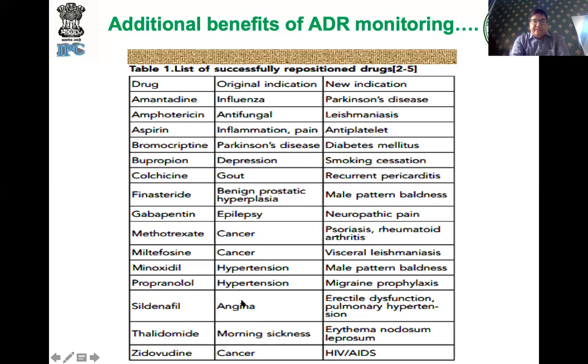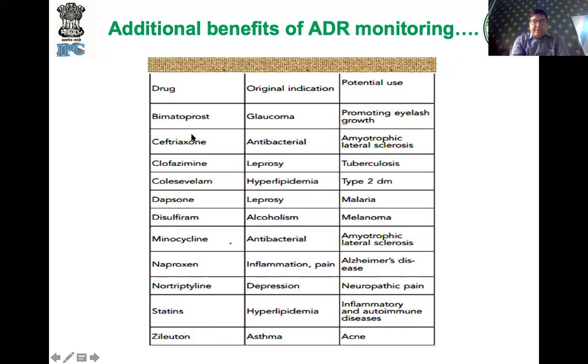Similarly, sildenafil, which was actually indicated for angina, but now it is being used for erectile dysfunction and pulmonary hypertension. So these are the drugs which were originally indicated for certain different indications and now are being used for newer indications. Similarly, bimatoprost, which was indicated for glaucoma, and the common ADR with these prostaglandin analogs was they promoted the growth of the eyelashes. So they are now being used for these indications.